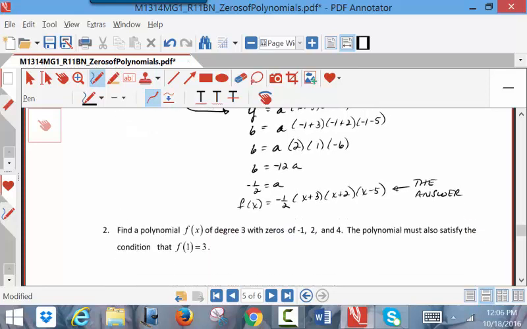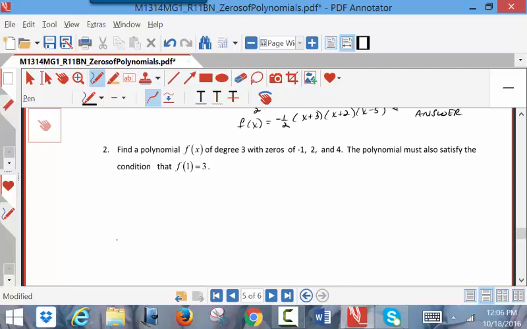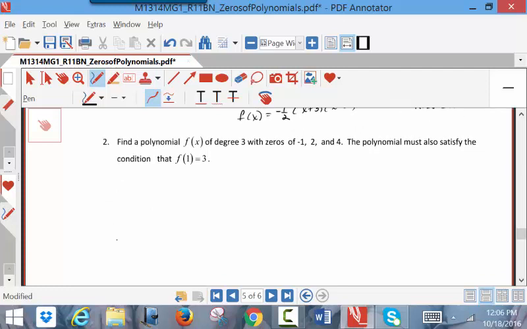Okay, pretty cool stuff. So here's another one, pretty much identical to it, right? So it's another third degree polynomial. Here's your zeros. Remember, you subtract these. So it's x minus a -1, x minus 2, and x minus 4. But don't forget, we don't know the leading coefficient.